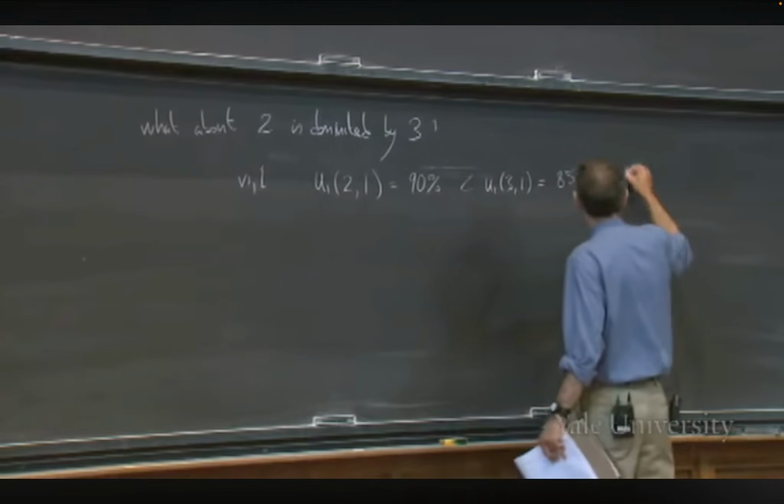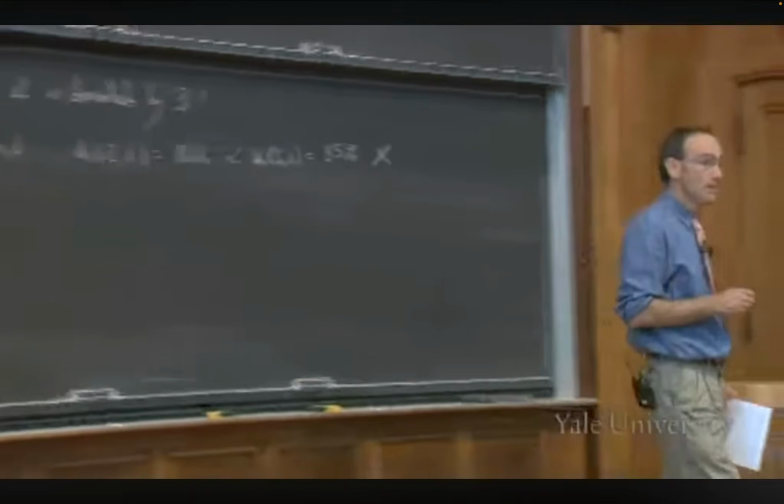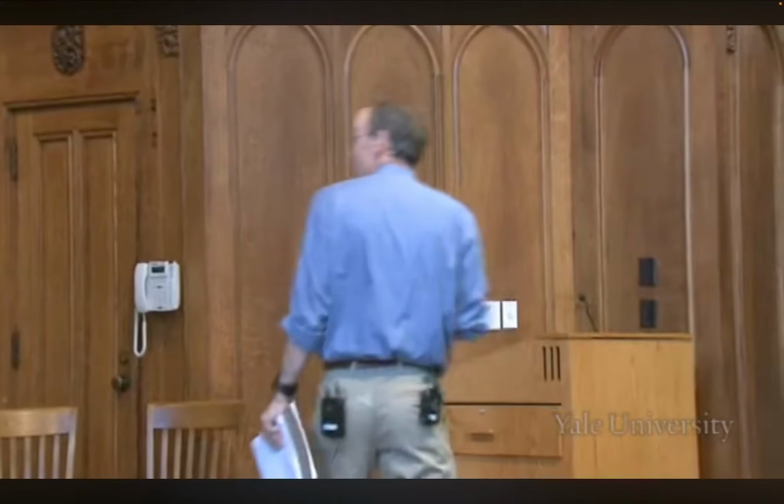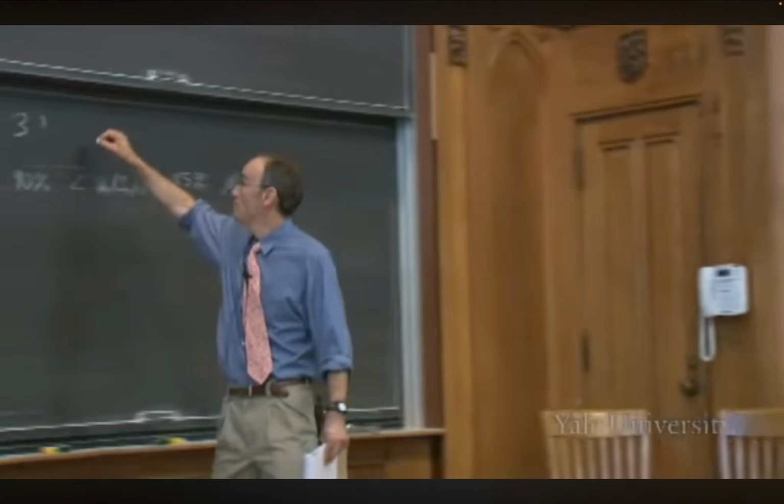So it's clear that 3 doesn't dominate 2. In particular, if the other candidate were to choose position 1, I would get a higher share of the vote choosing 2 than I would have done if I'd chosen 3. So in fact, it's not the case that 2 is dominated by 3.